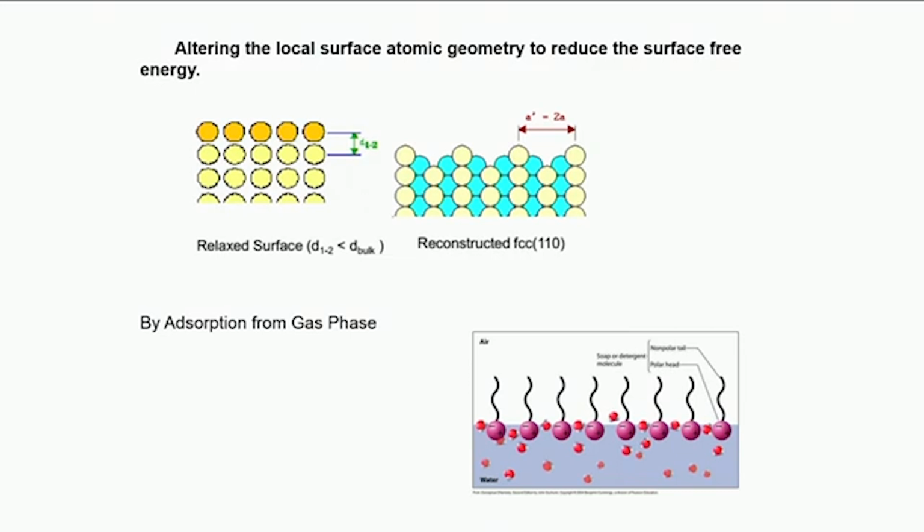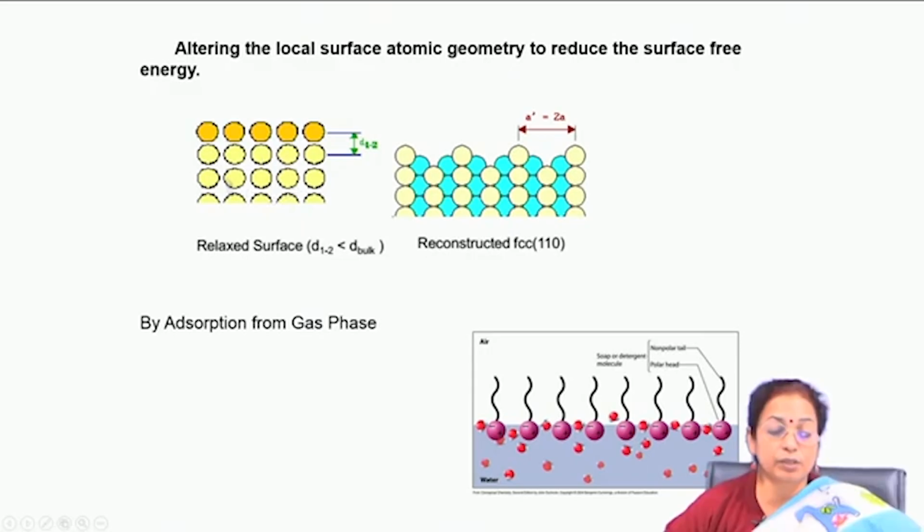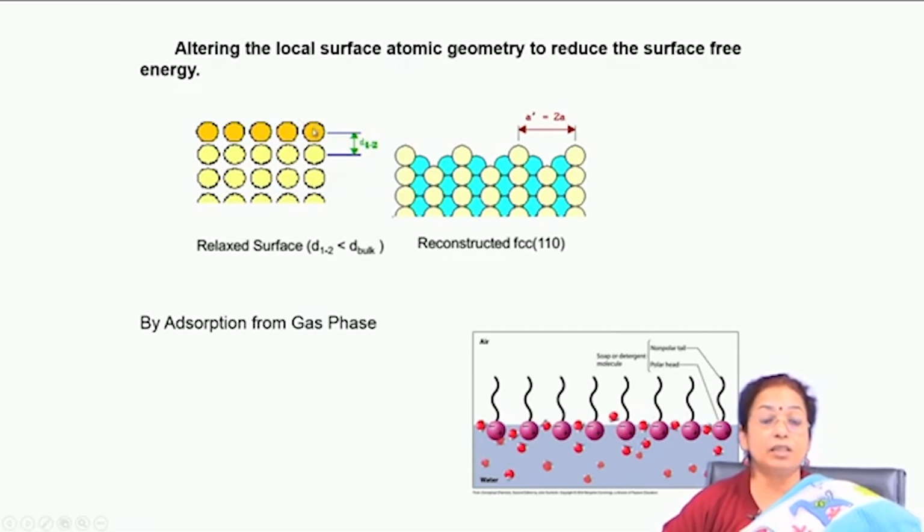You will find that the atomic arrangement on the surface or surface planes is different from that of the bulk of the material. The atomic arrangement is very much dependent on the forces acting on it by the other atoms surrounding that particular atom. So, when you talk about the surface atom, naturally you are breaking some bonds, and some planes are basically missing on the surface.